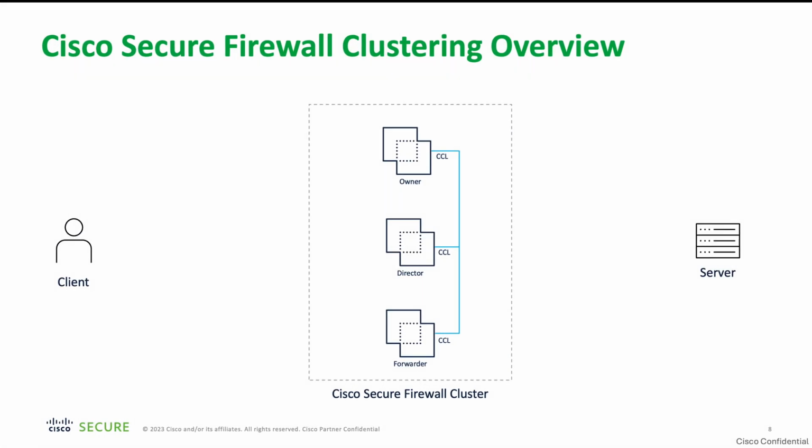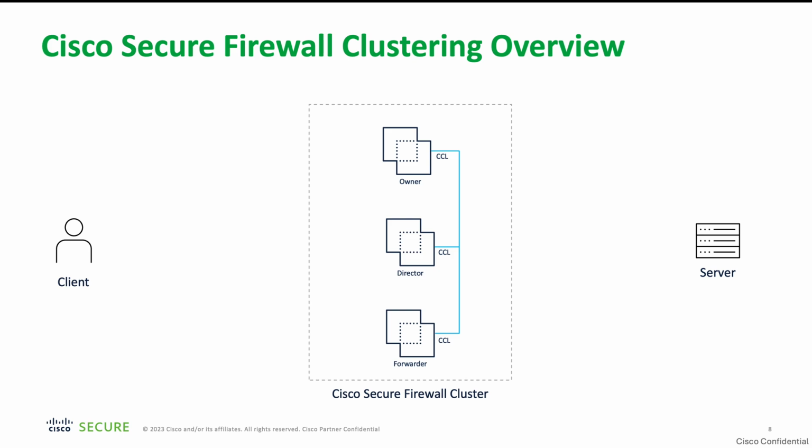So, okay, let's quickly talk about the various roles of nodes in a cluster and their responsibilities. Here, if you see, we have a firewall cluster with three nodes, a client and a server. In a secure firewall cluster, each node plays a specific role to ensure reliable and stateful traffic handling. The owner is the node that first receives the connection.